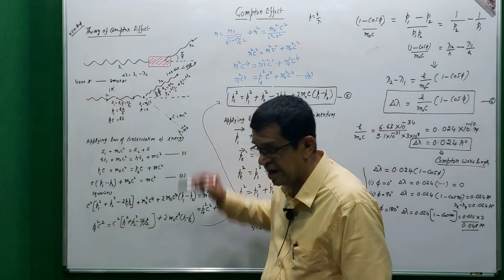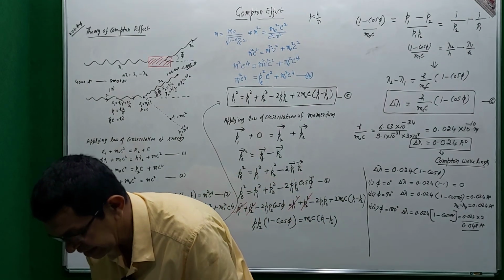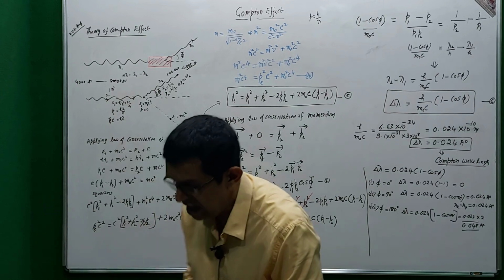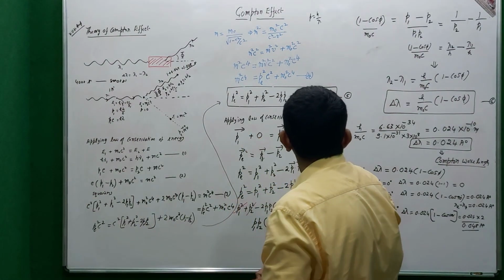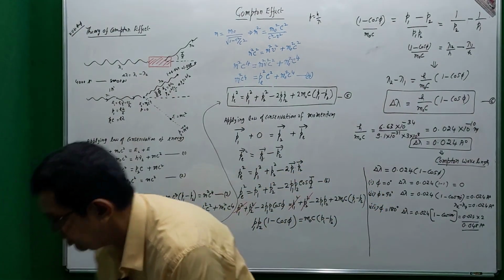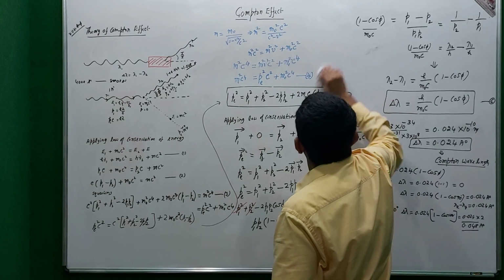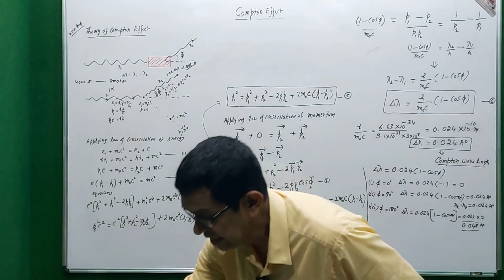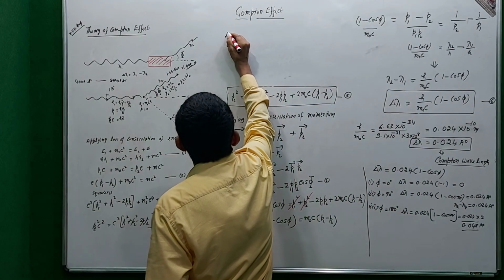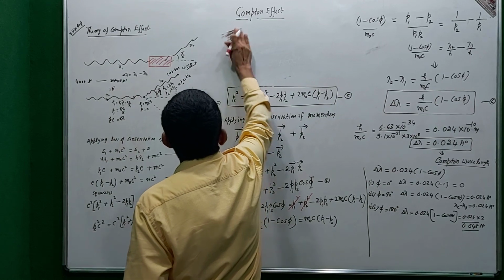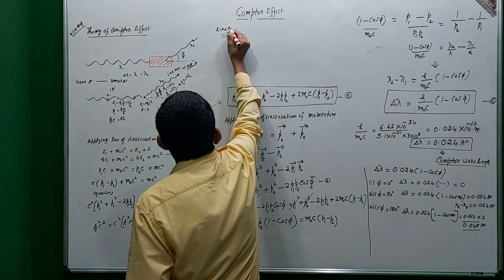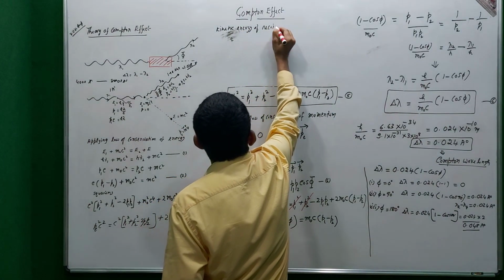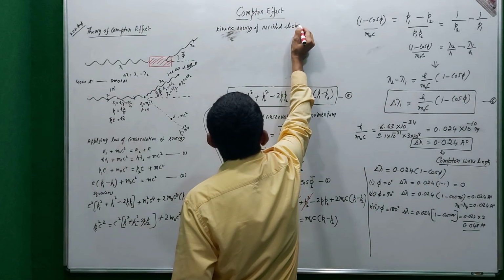Now we have said that the electron is recoiled in a particular direction. Let us say its energy is mc square. Now what will be the kinetic energy of the recoil electron? One can find it out.